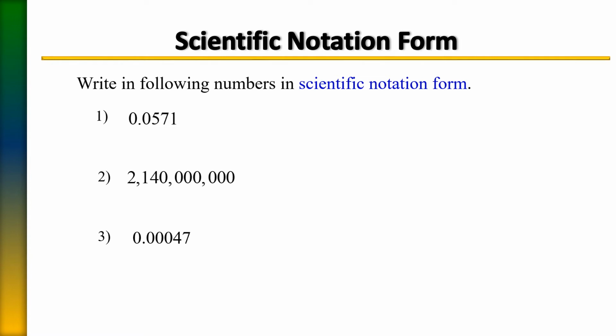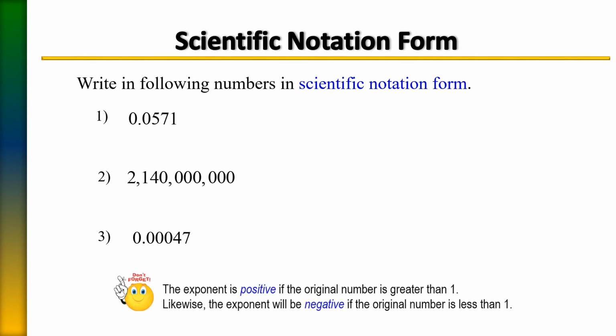That power or exponent on the 10 can be either negative or positive. So what determines that? Well, if your original number is a number less than 1, such as in the first example, then your 10 base is going to have a negative power.